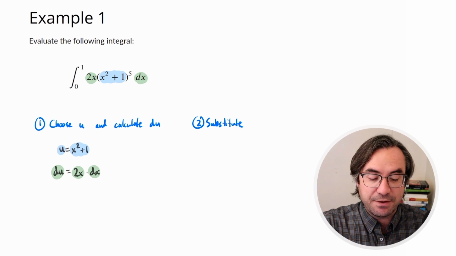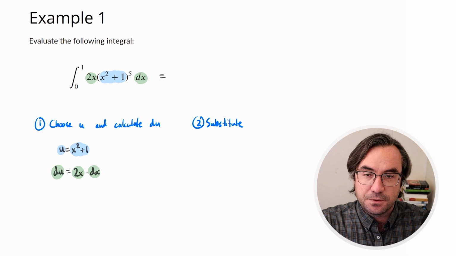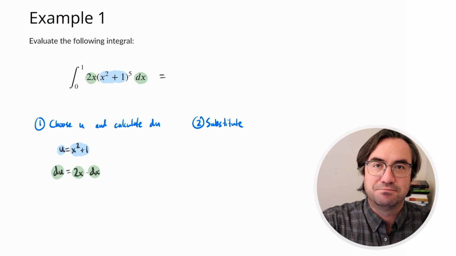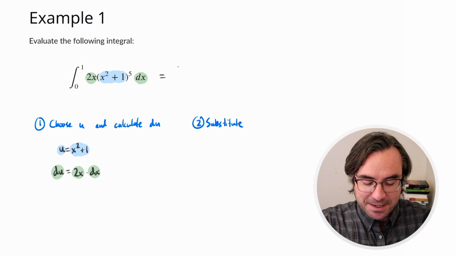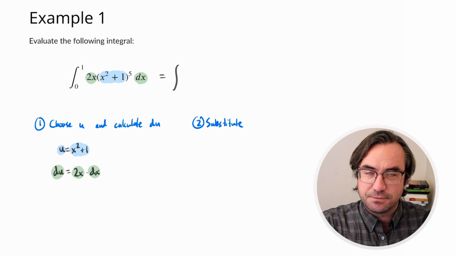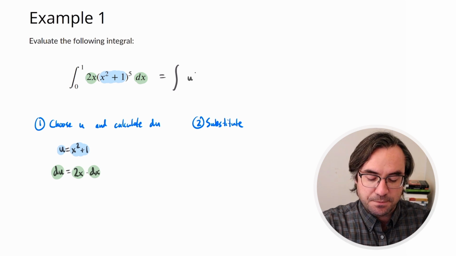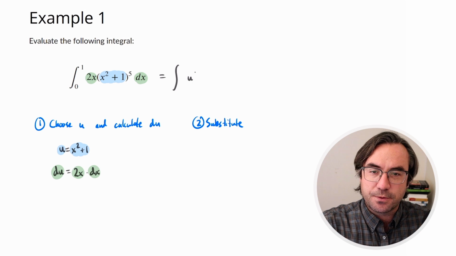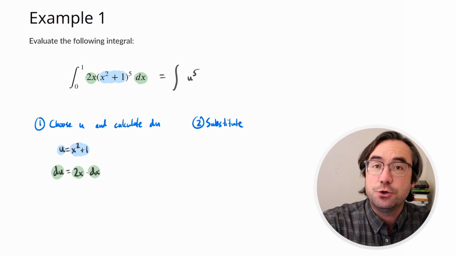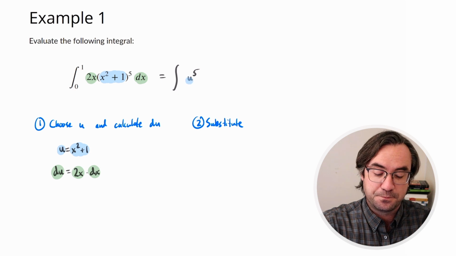So we want to substitute everything in. So let's do that. And I'm going to leave my limits of integration off right now. So we're actually going to switch those over. All right, so what happens? Well, the x squared plus 1 raised to the power 5 becomes u raised to the power 5.